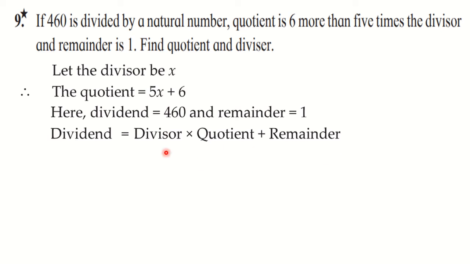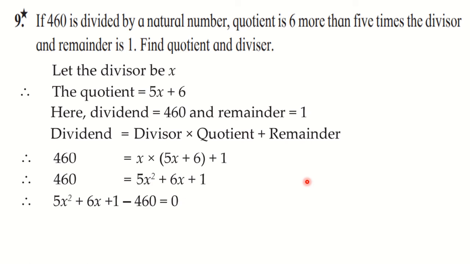And here now you put the values. In place of dividend you will write down 460. In place of divisor you will write x into quotient is 5x plus 6, but write it in bracket. Okay, otherwise you will get wrong answer. Write it in bracket and plus the remainder, that is 1.